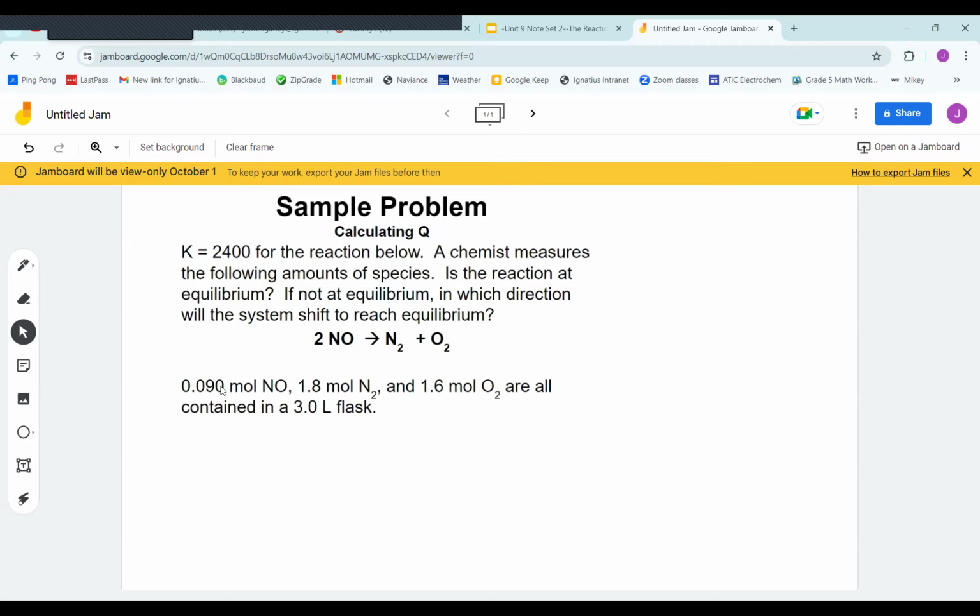Now, the chemist puts the reaction together thus. She puts 0.090 moles of NO, 1.8 moles of N2, 1.6 moles of O2, all together in a 3-liter flask. How are we going to deal with that information?